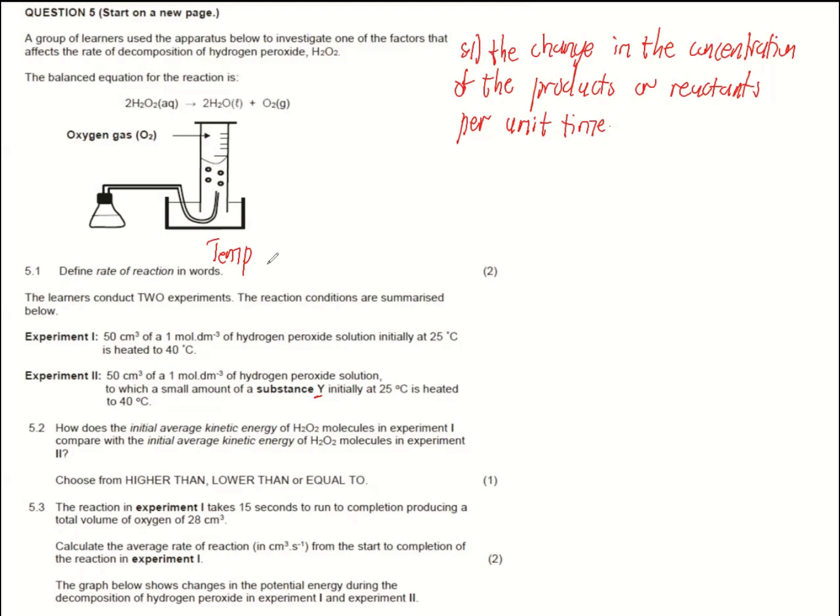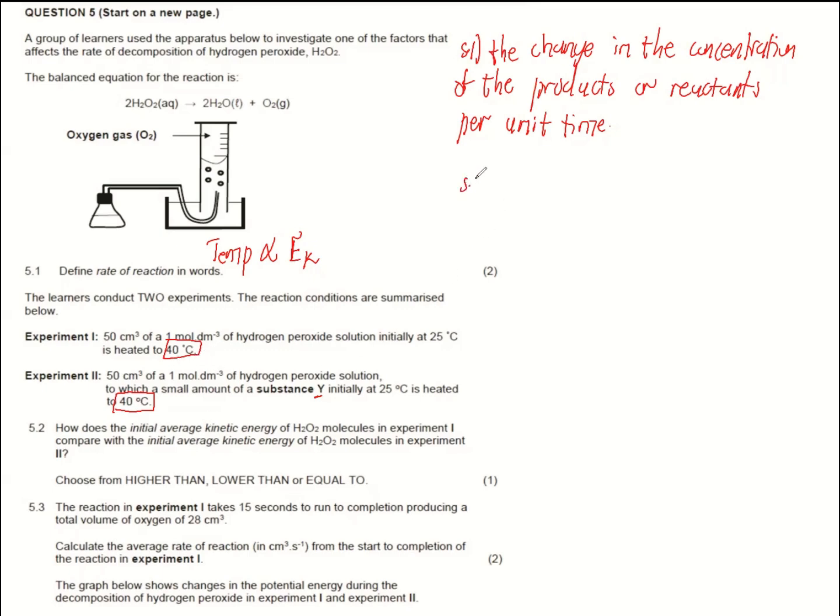From grade 10, the kinetic molecular theory, KMT, says temperature is directly proportional to average kinetic energy of molecules. Since both experiments are done at 40 degrees Celsius, they would have the same average kinetic energy because the temperature is kept constant in both experiments.